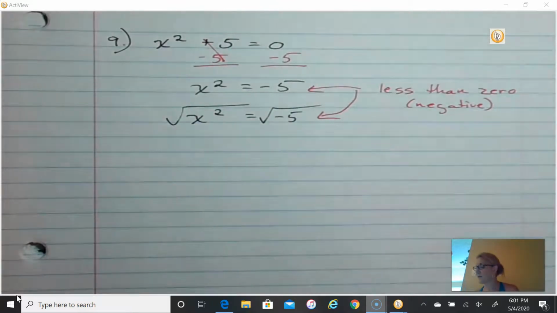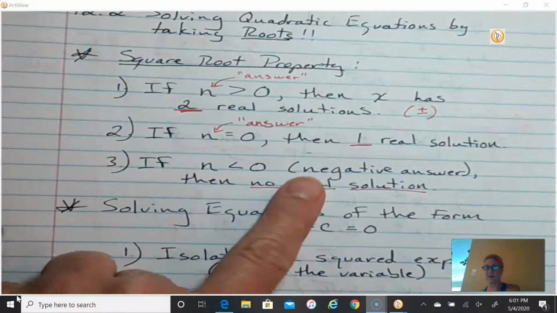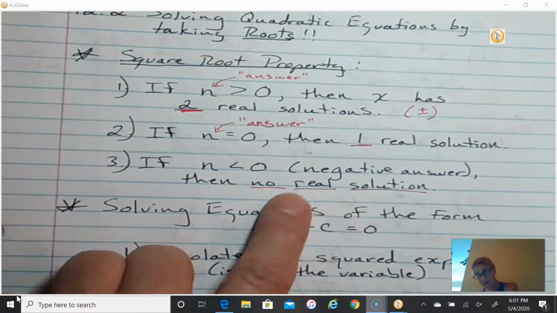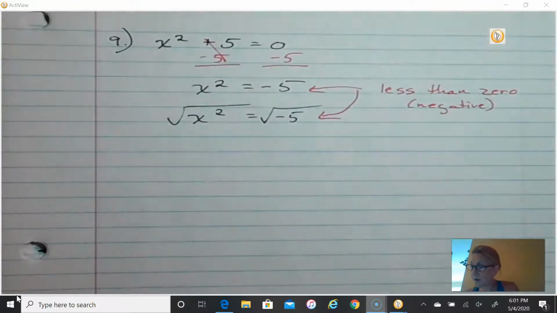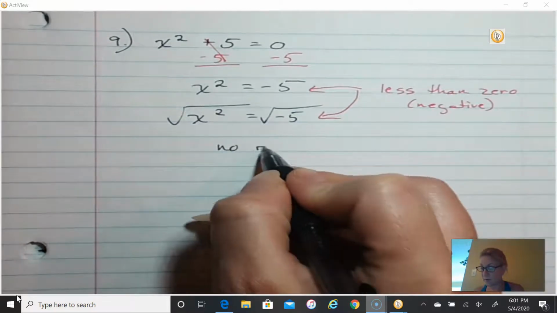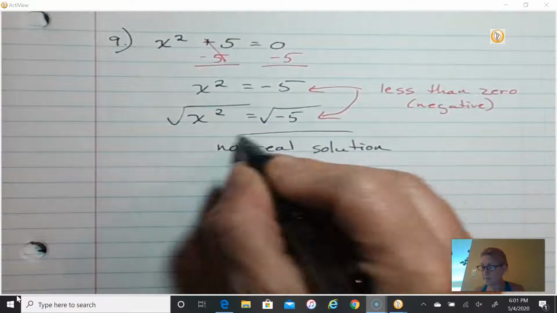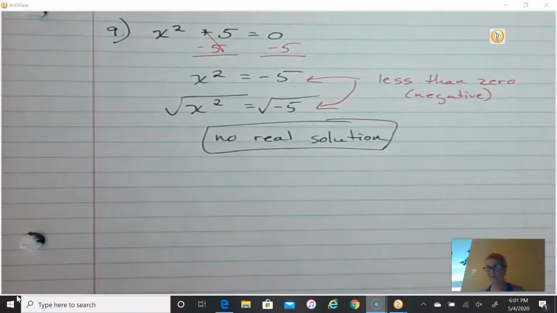Therefore, what is your answer? If you have a negative answer, then the answer actually is no real solution. You have no real solution if it's negative. That's your answer. No real solution. Okay? That's the actual answer.